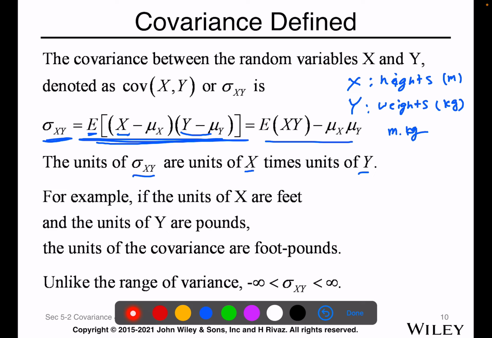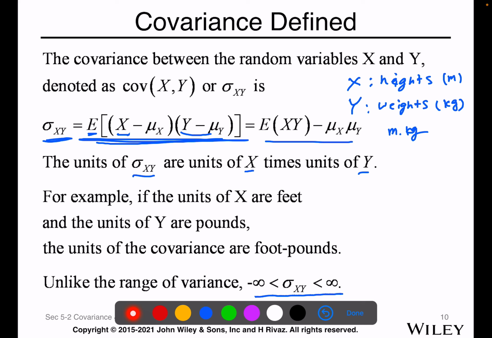It does have a unit. And sigma x y can be any number from minus infinity to plus infinity. It can be negative, and we will see what it means when it's negative.